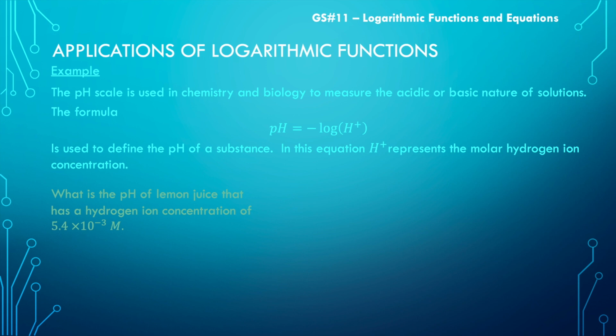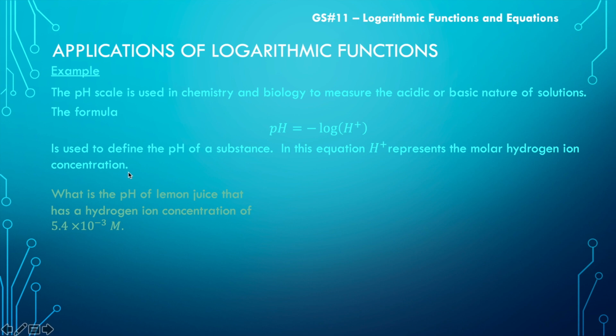And another word for basic is alkaline. And we can find the pH of a substance by this equation. The pH is equal to the negative log of H plus. And in this equation, H plus is representing the molar hydrogen ion concentration.